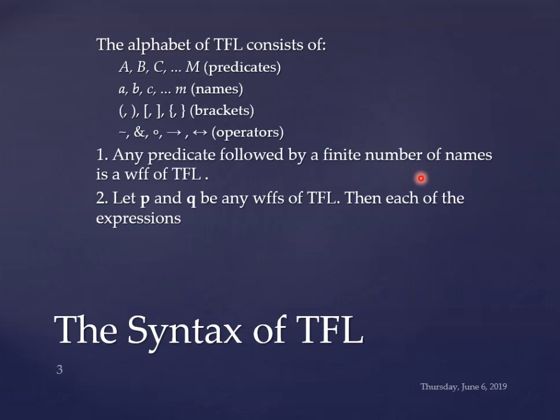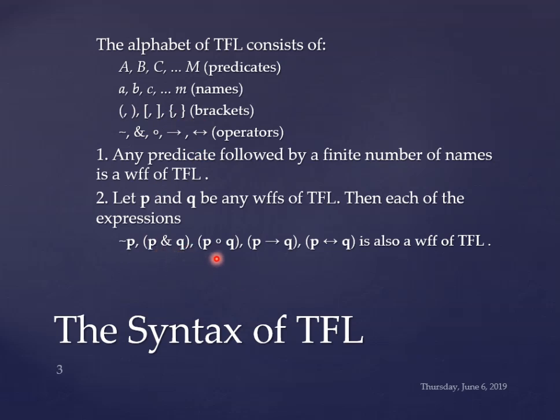Then P and Q are going to be just any of the formulas of TFL. So whatever you come up with, P and Q again are just being used as variable letters. So whatever formula you can generate with the rules here, then each of the expressions, this is going to say tilde P, and then we have P ampersand Q in brackets, and you can use any of the brackets here. It doesn't have to be the parentheses.